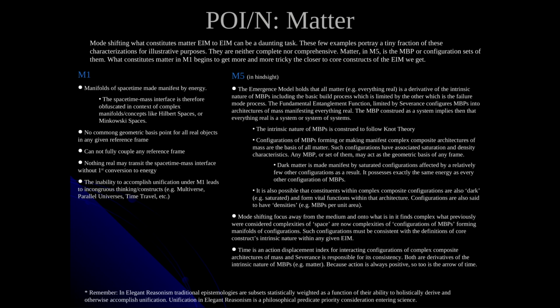You could say that the intrinsic nature of the MBP might be able to entangle with at most three other MBPs each, which is fine. That's just another iteration of M5. It would not construe to be a different enumerated EIM. It would be an iteration of the emergence model rather than a new EIM.